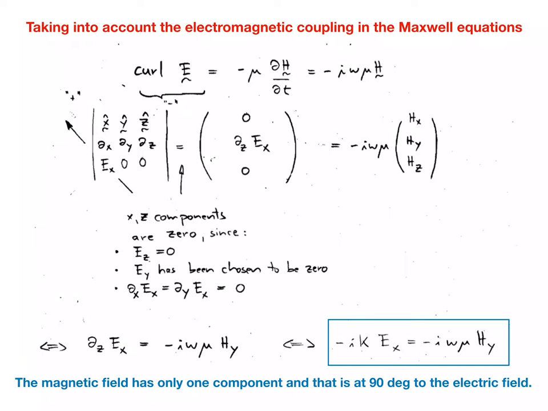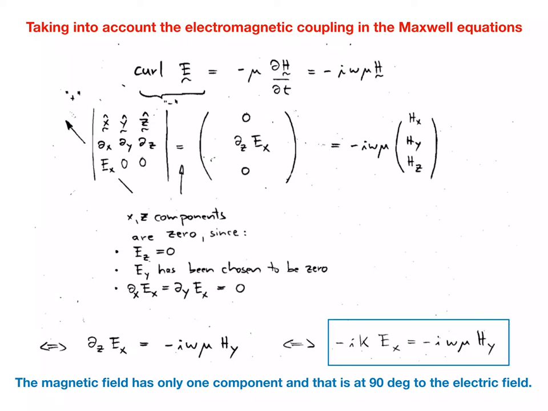The x and z components of the curl are 0. According to the Maxwell equation, this curl vector has to be equal to minus i omega mu times the magnetic field strength H. Since H potentially only has x and y components, we now find that the x component in fact is 0. The magnetic field vector only has a y component.